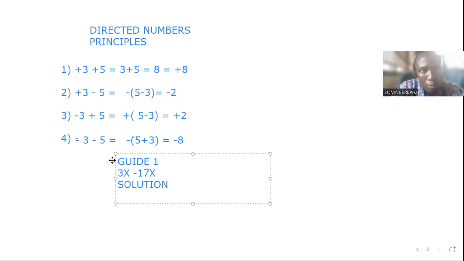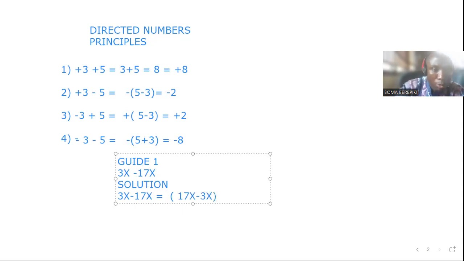Now, in this case, we are going to apply principle 2. To apply principle 2, we do the normal subtraction, which is 17x minus 3x.